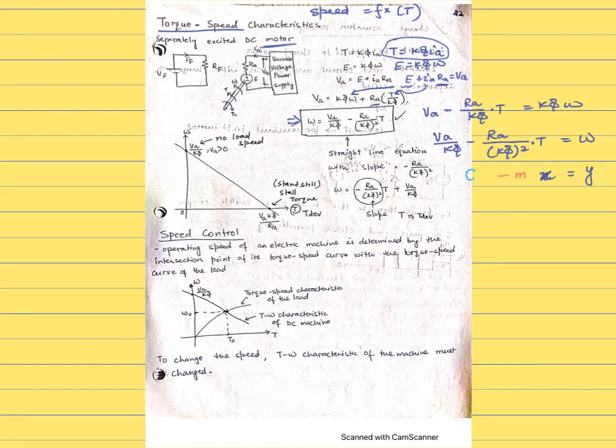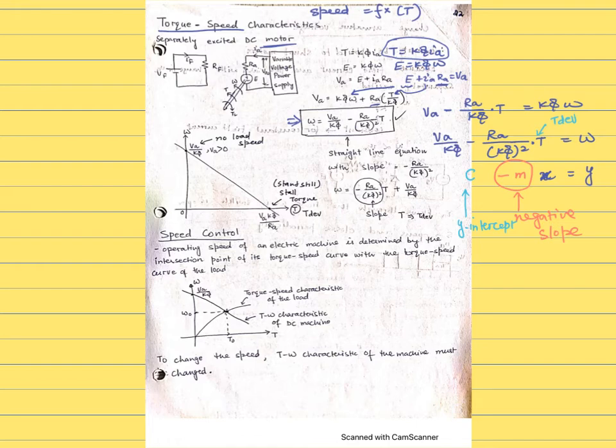That gives you the negative slope for the straight line graph, and this gives you the y-intercept. And one more time, this torque is the developed torque in this equation.